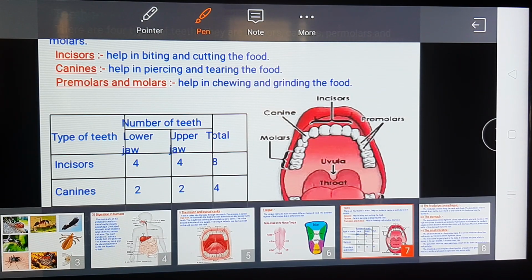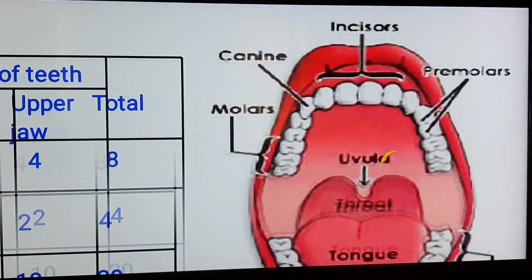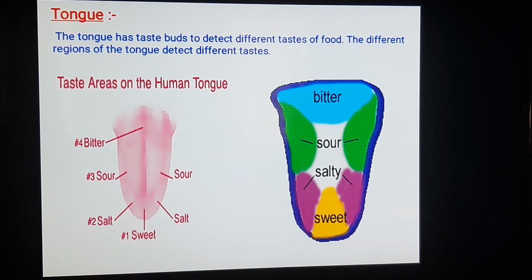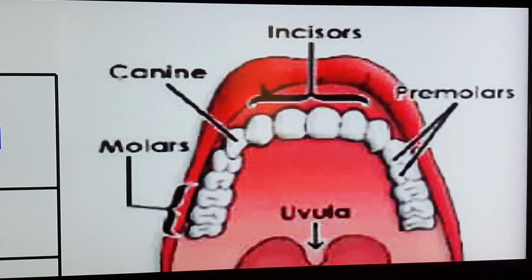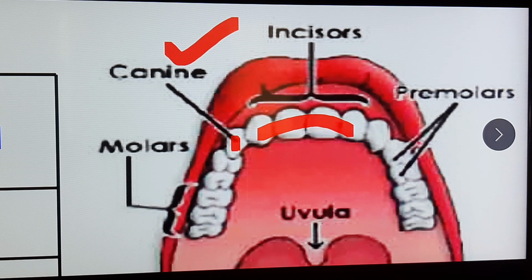Here you can see in the diagram, first the 4 teeth, that is the incisors, then near the incisors this is the canine, and near the canine the premolars are shown, and then next to the premolars these are the molars.